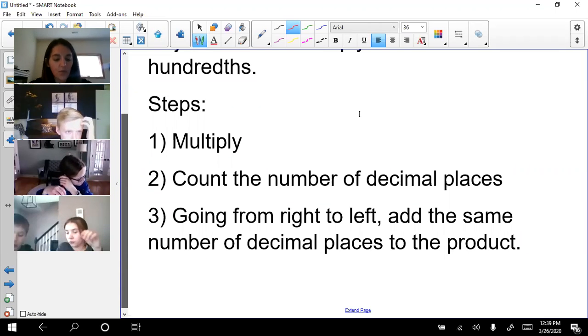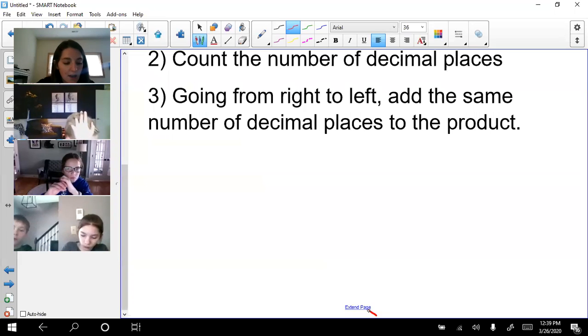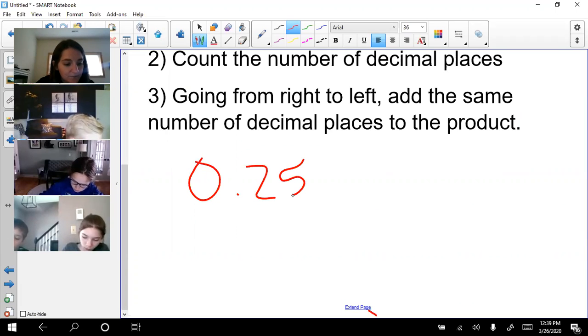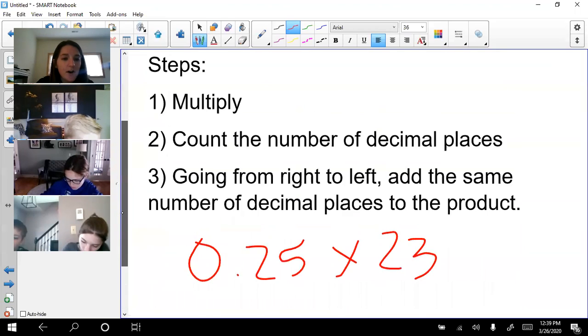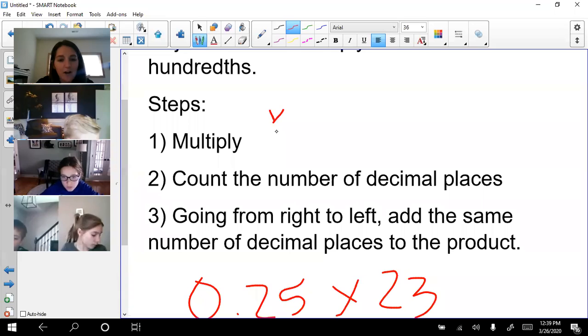So first, we're going to estimate just as normal. So we're going to be multiplying 0.25 times 23. And one note for setting it up, and I'm going to put a little star right here. Line the numbers to the right. We're not going to line up the decimals.